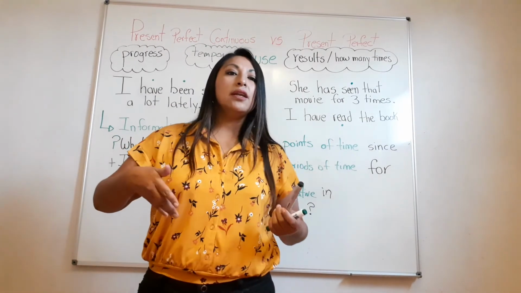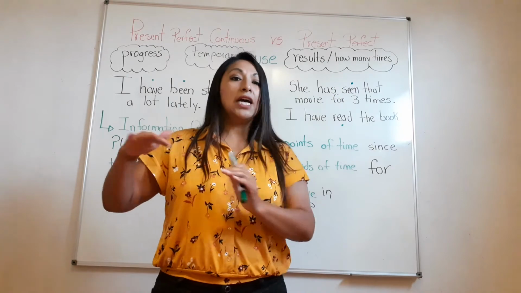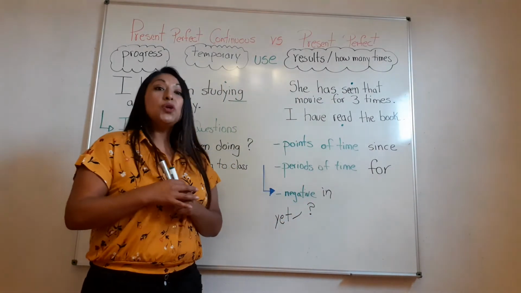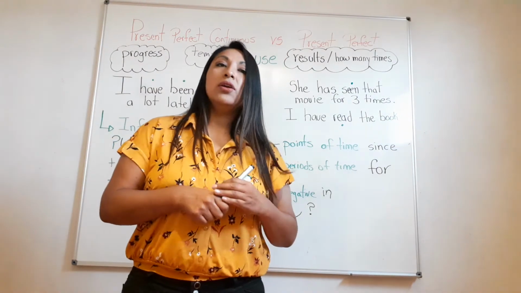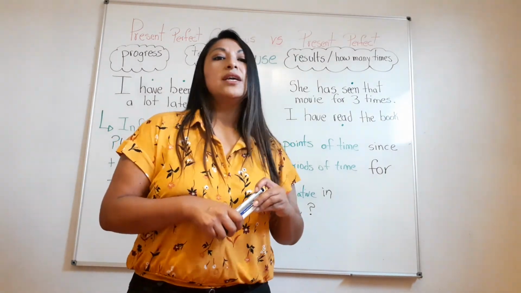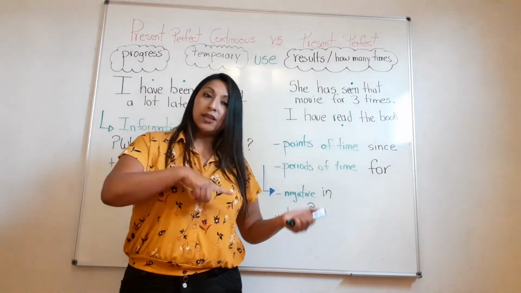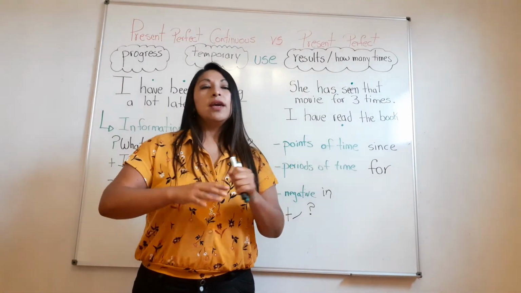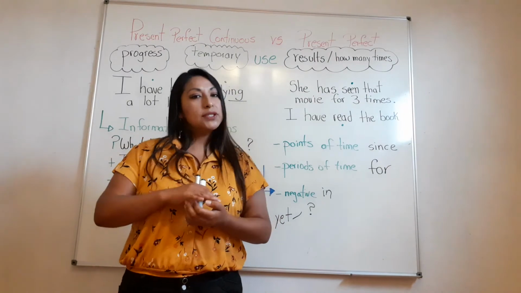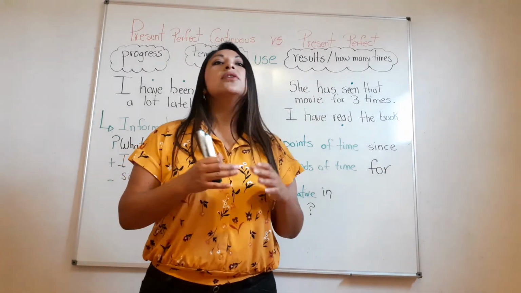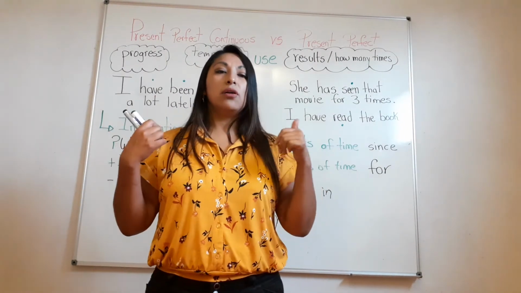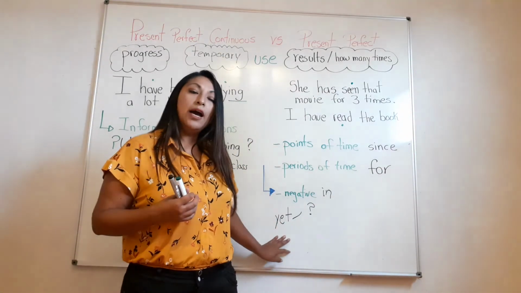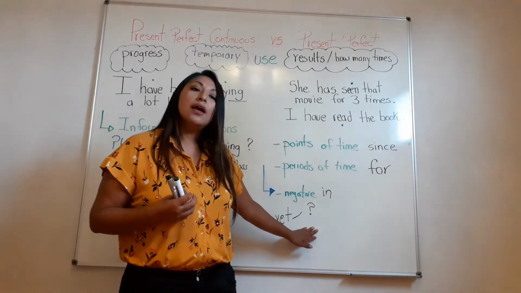For example, have you seen Titanic yet? If you answer no, you can answer, no, not yet. Or if you have seen that movie, you can answer, yes, I have seen it. All right, so just listen how you use yet in negatives and in questions.